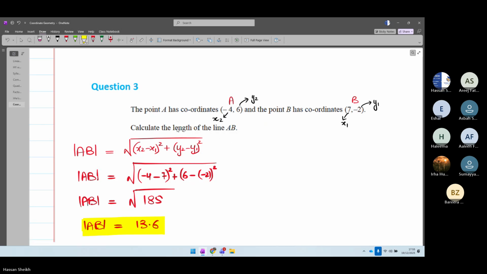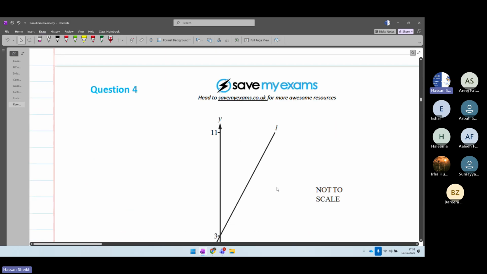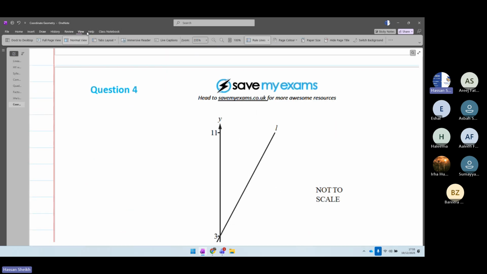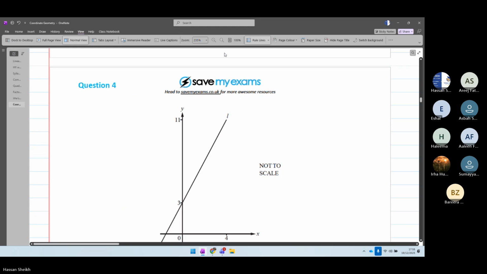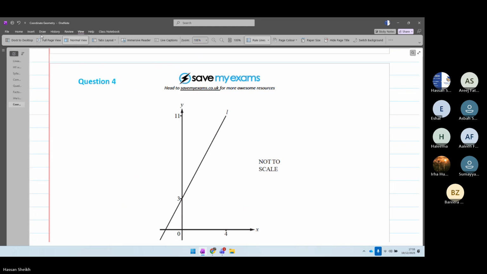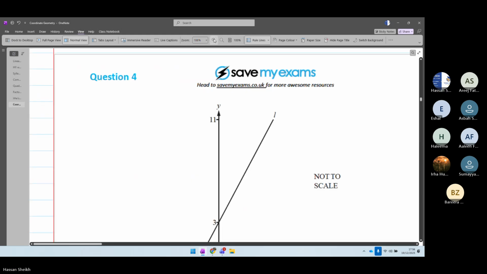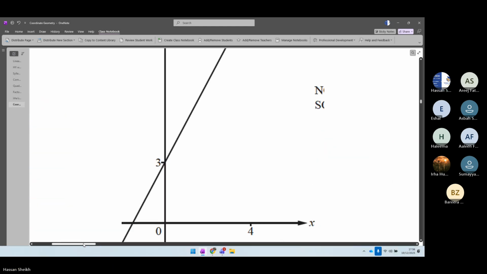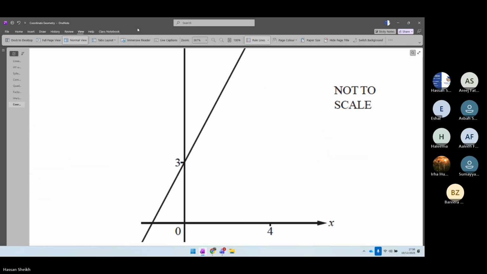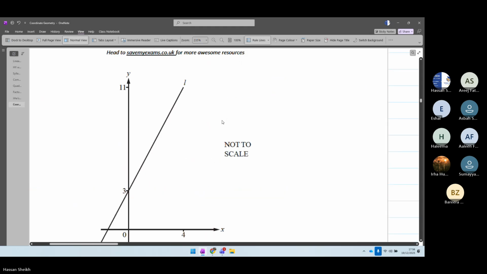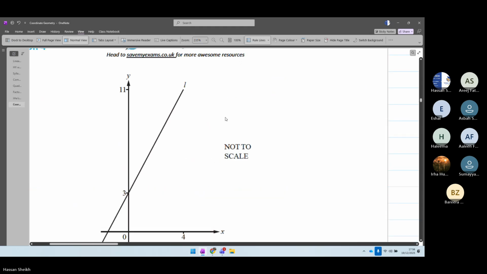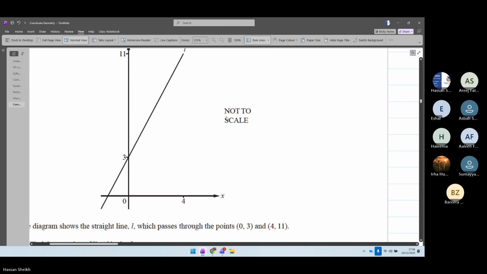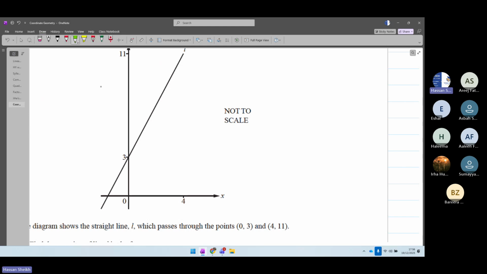Moving on to question number 4. There is a line L and it is intercepting the y-axis at point 3. Do you agree this is the y-intercept?